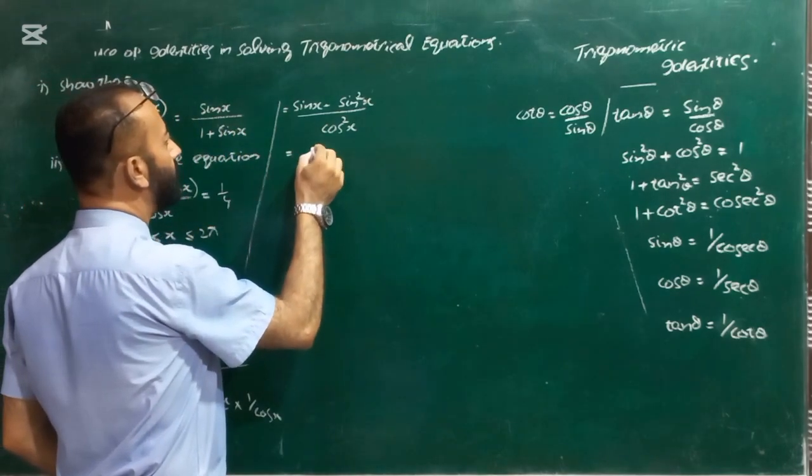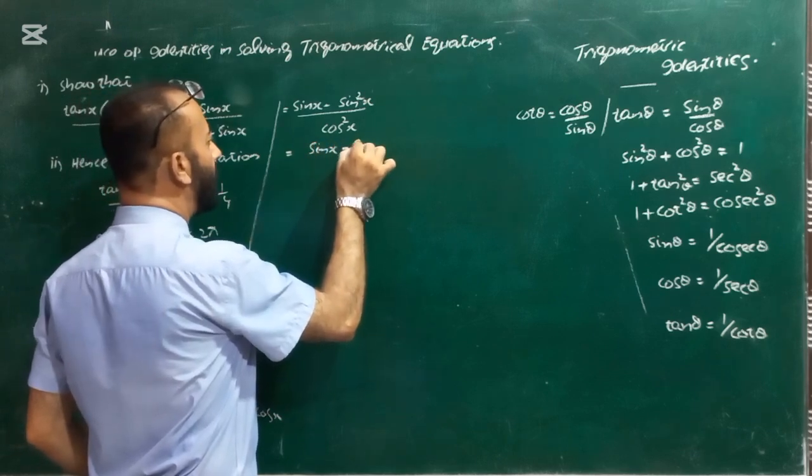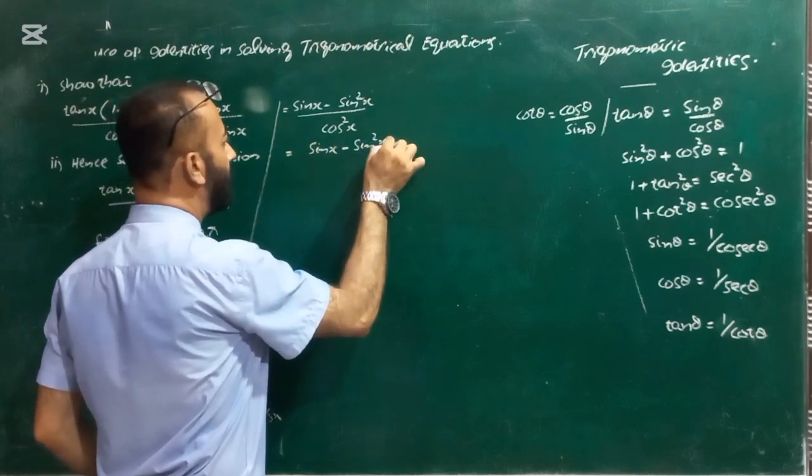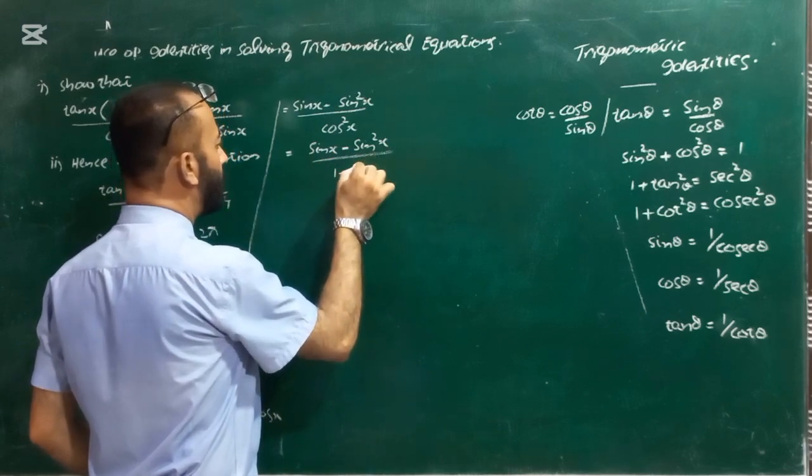So sin x minus sin²x over 1 minus sin²x.